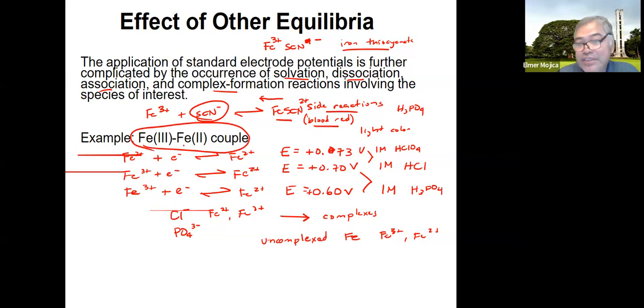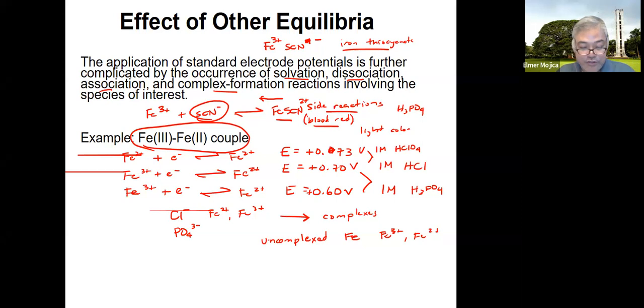So if this happens with Fe, it's possible that it can also affect the electrode potential of other species, depending on what is present there. So there's solvation, dissociation, association, and complex ion formation. This is just one of the limitations when you look at the standard reduction potential.